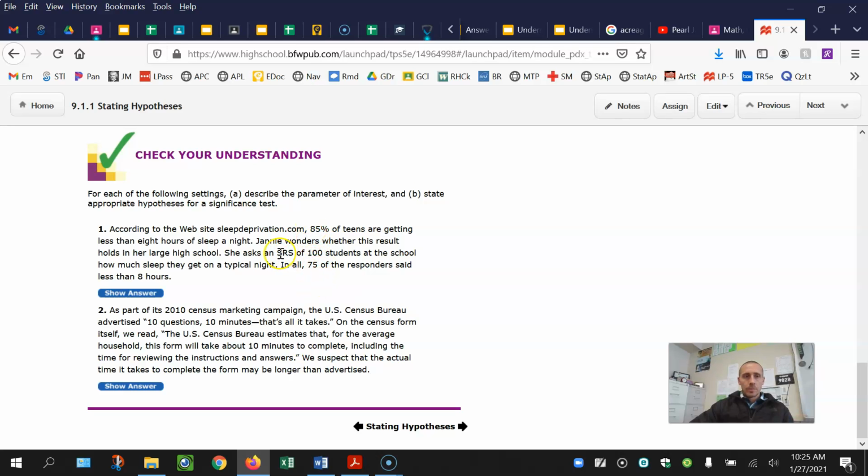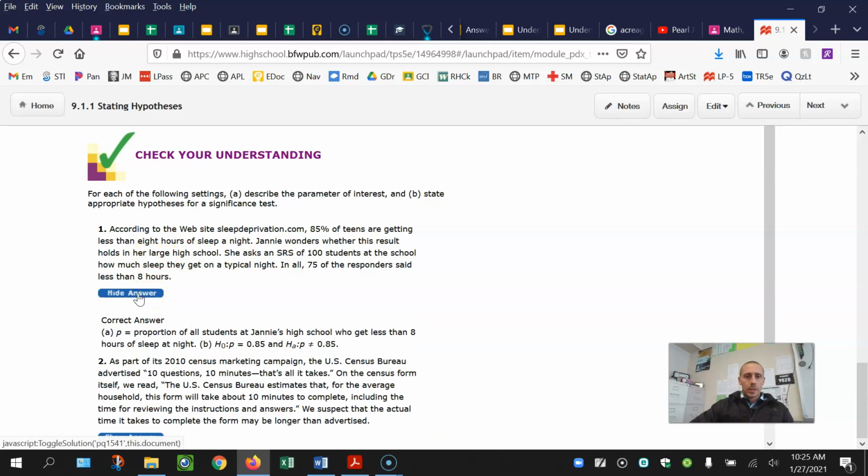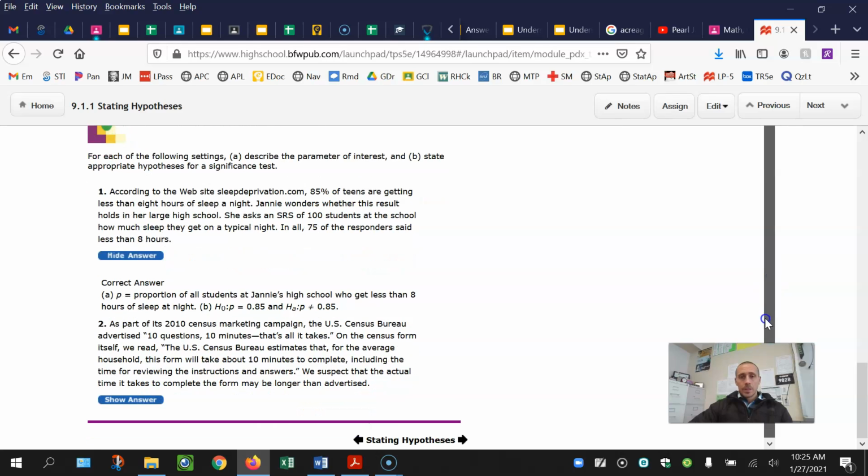And the alternative would be p is less than 0.85. Oh, I'm actually wrong. She just wonders if this result holds true in her large high school. So she wonders if it's 85% or not 85%. So you can see that the alternative is not equal to. And I was about to say less than. So just be mindful of that.